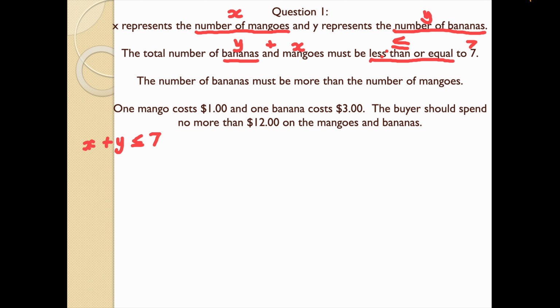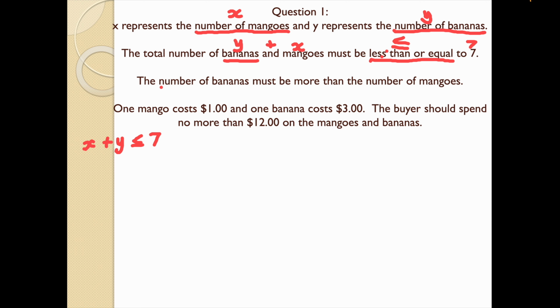The number of mangoes and the number of bananas is less than or equal to 7. So what this is saying is that if you go and get bananas and mangoes, the total has to be less than or equal to 7.